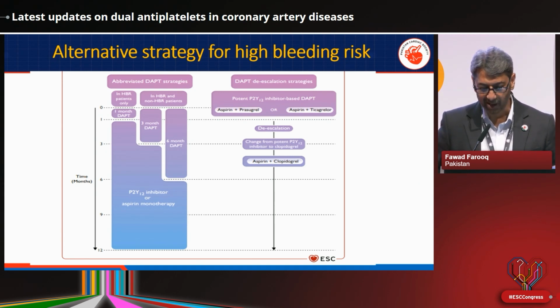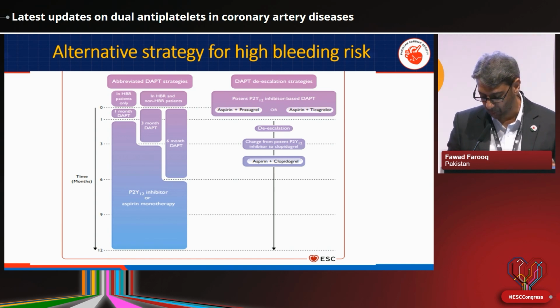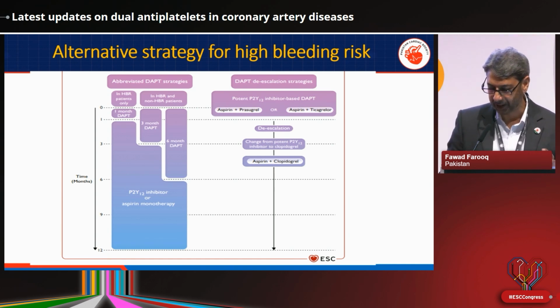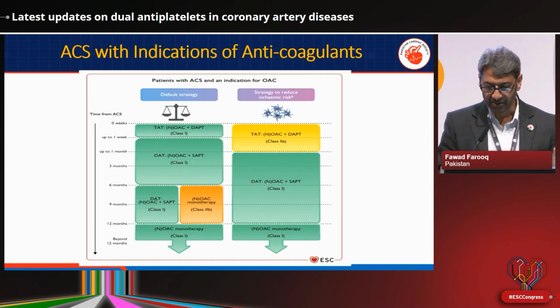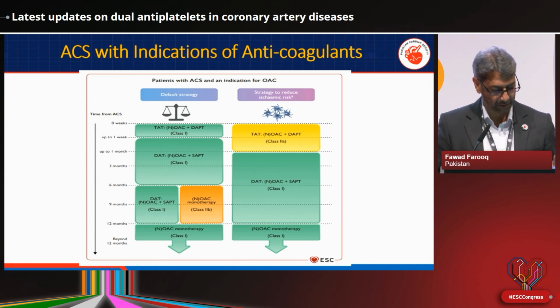The third part of this antiplatelet strategy is very important when you need a chronic anticoagulant with your patient. In that, you have different strategies you can offer, like triple antithrombotic, NOACs or DAPT.